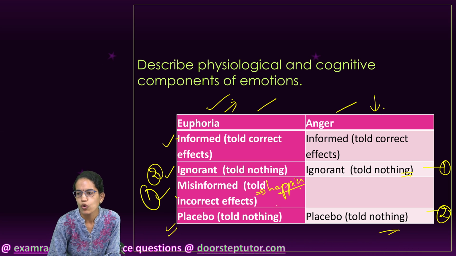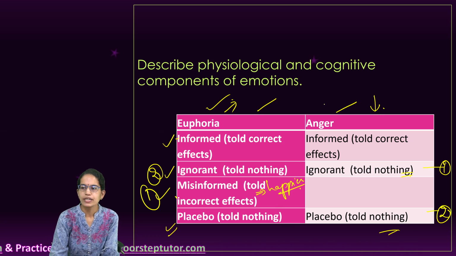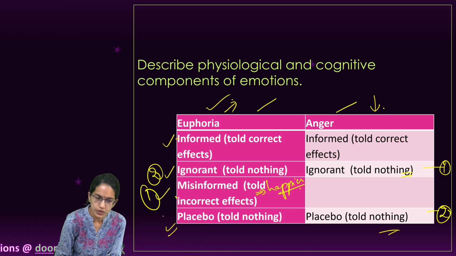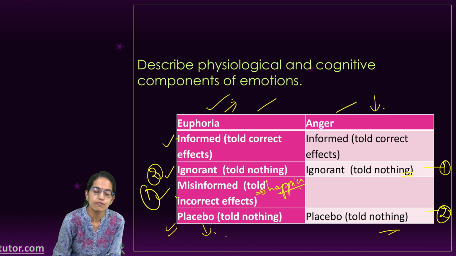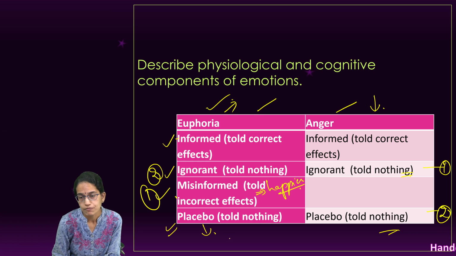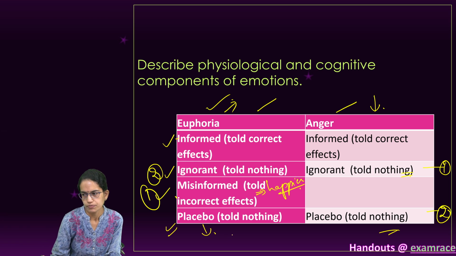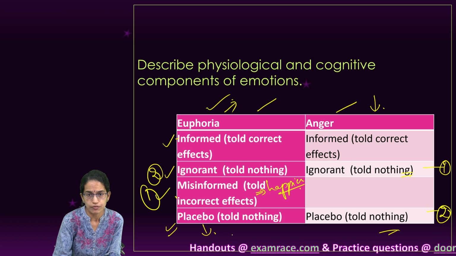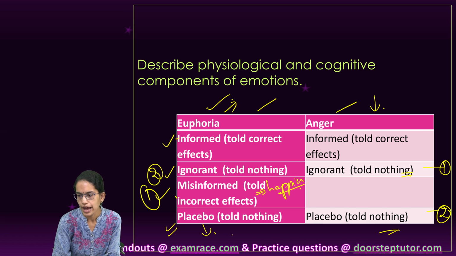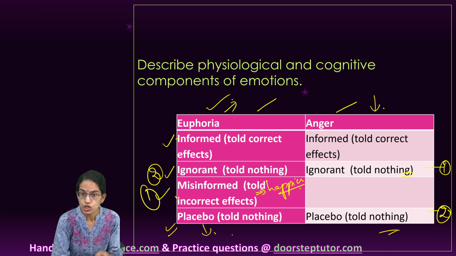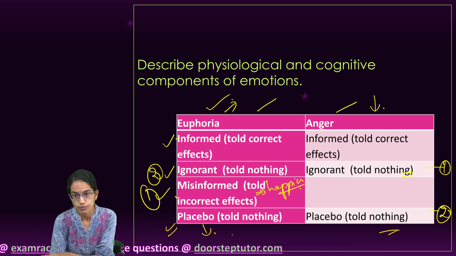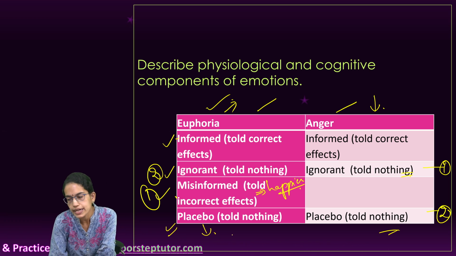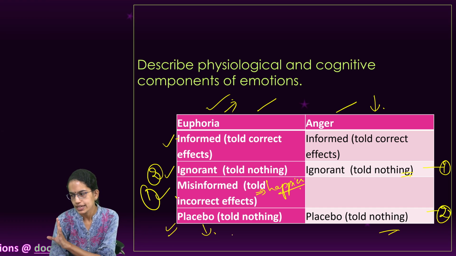These four groups of participants, the experimental conditions, were very important. Under placebo, they were treated similarly to epinephrine ignorant, we could say. They were told nothing, and this shows that physiological arousal in different emotions, be it euphoria or anger, is entirely the same.